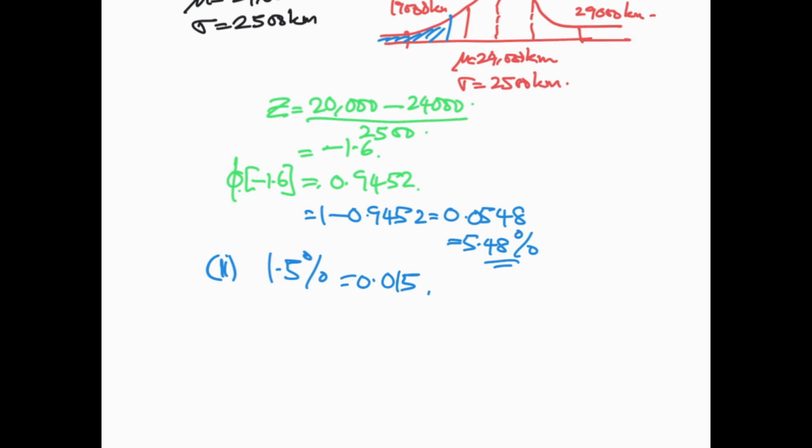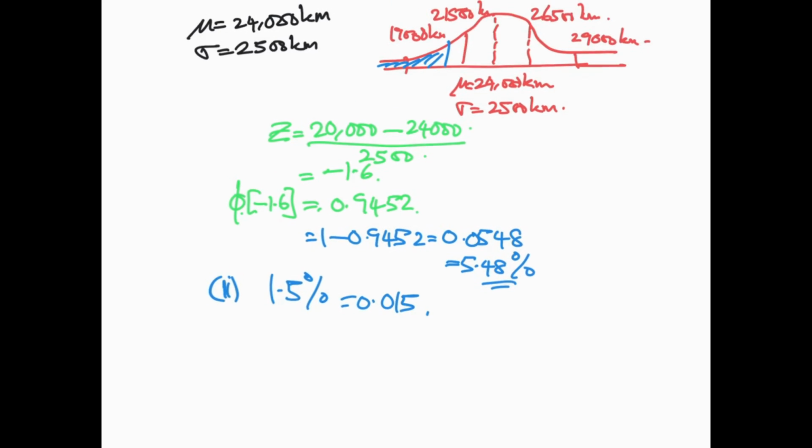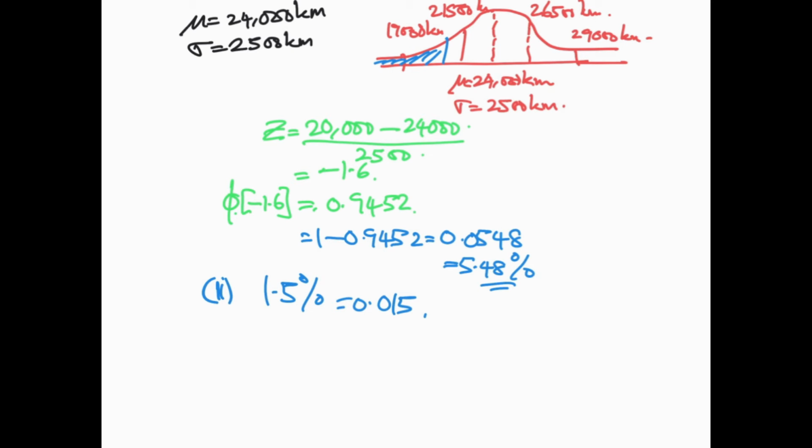Looking at this table, 0.015 is a very small percentage, at the tail end over here, so again it's going to be a negative z value. So I'm going to do 1 minus 0.015, and this gave us 0.985.